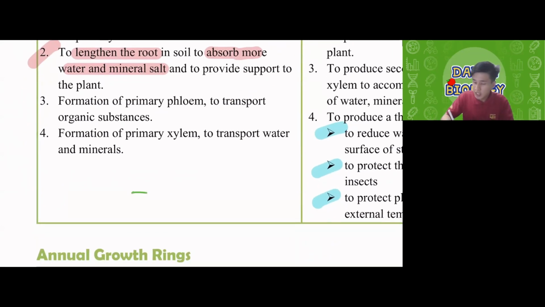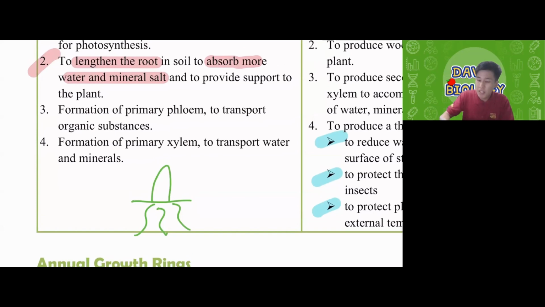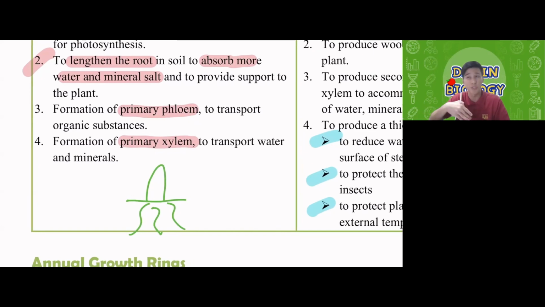As the plant becomes long, it needs xylem and phloem to transport water and the organic substance, the glucose. That's why you need basic phloem and basic xylem. That's why it's called primary phloem, primary xylem. So since the plant is still young, still small, the xylem and phloem it forms is called primary, which is basic xylem, basic phloem.